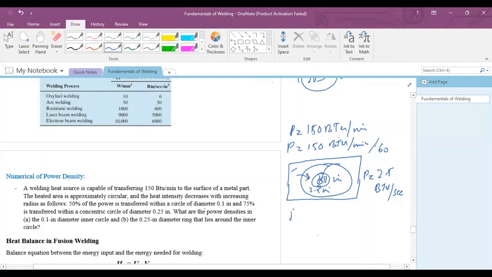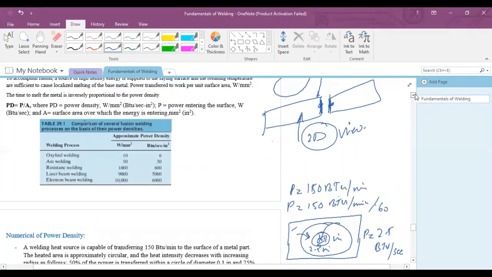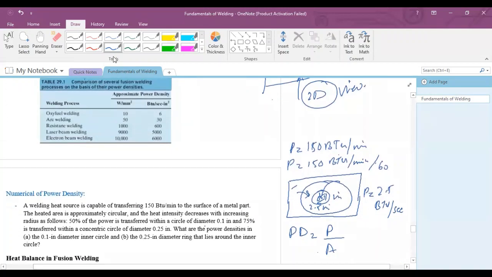We need to calculate the power density, and power density has a formula: power transferred per unit time to the surface divided by the area A. Area is the surface area over which the energy is transferring, in our problem this circular surface.